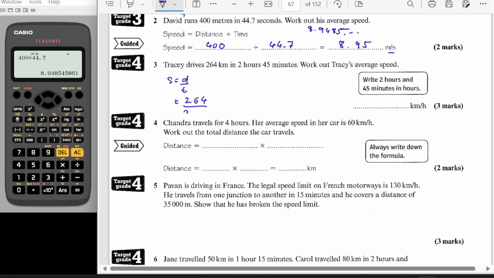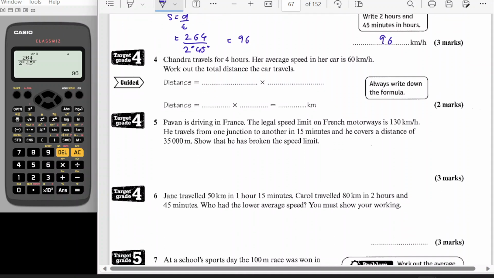I'm going to type it into my calculator as 4 hours and 45 minutes, but you could convert that to be 4 and 3/4 hours, but I'm going to use my calculator to do that work for me. So 264 over 4 hours and 45 minutes. It's going to give me 96 kilometers per hour.